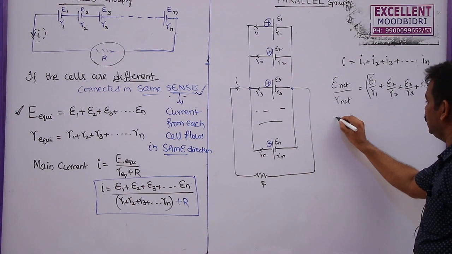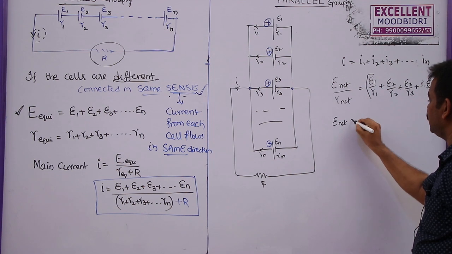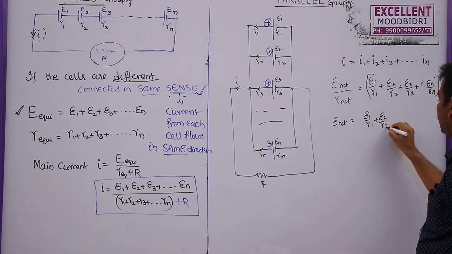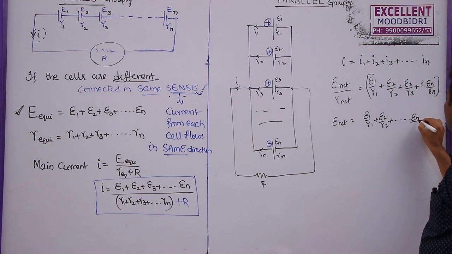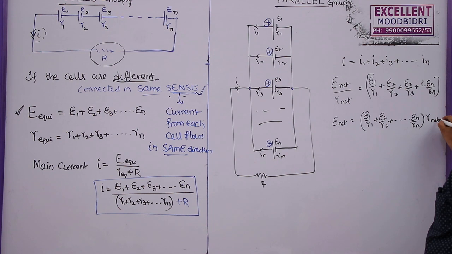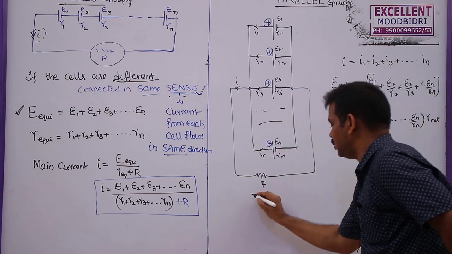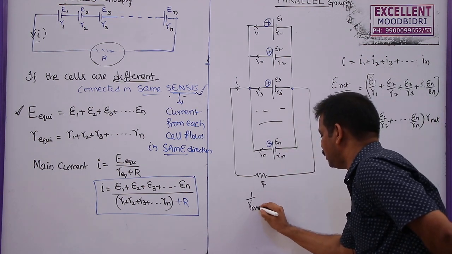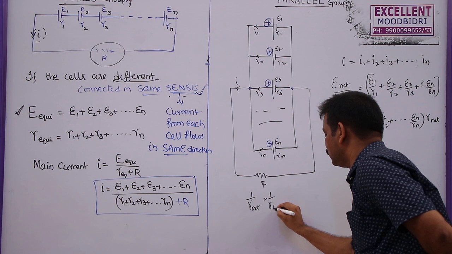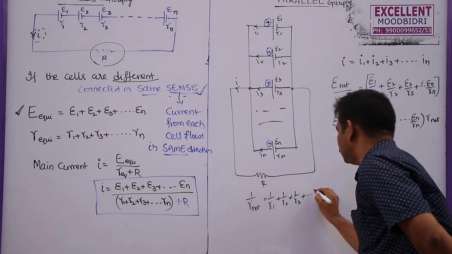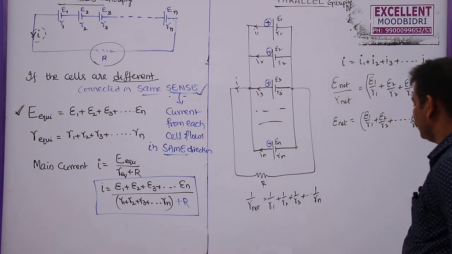Now, E net is given by E1 by R1 plus E2 by R2 and so on, En by Rn, into R net. But what is this R net? Here all these cells are connected in parallel, so 1 by R net is given by 1 by R1 plus 1 by R2 plus 1 by R3 and so on, 1 by Rn.